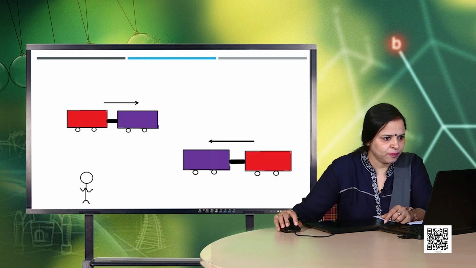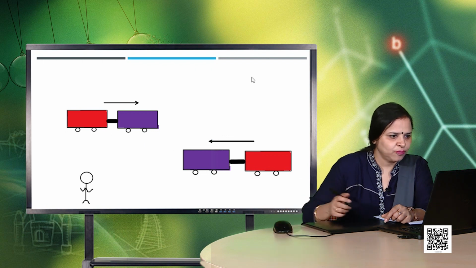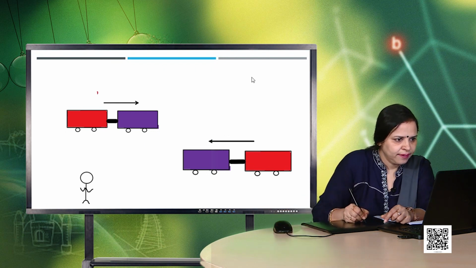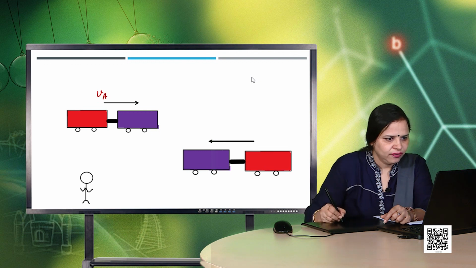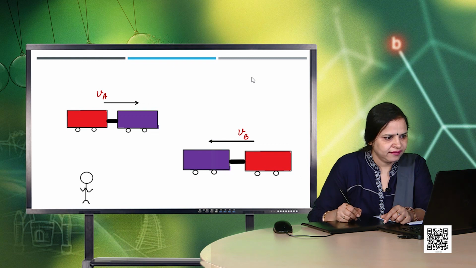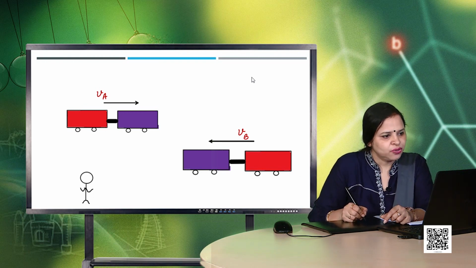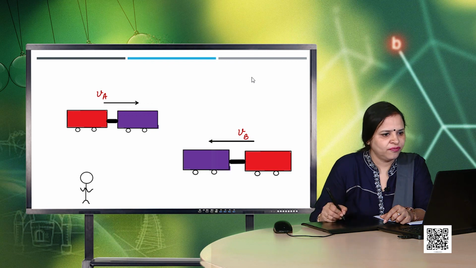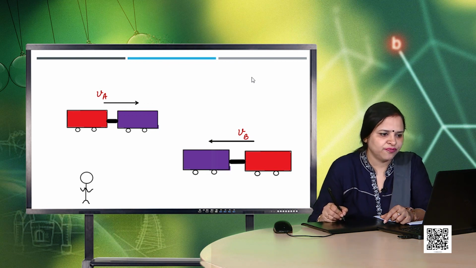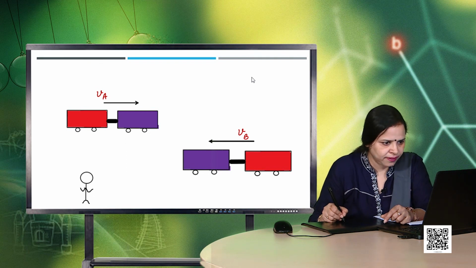Similarly, suppose the trains are moving in the opposite direction, and again VA is the velocity of train A and VB is the velocity of train B. Now, when train A overtakes train B, to the person sitting in train A, the velocity of train B will appear to be faster than its actual velocity VB.